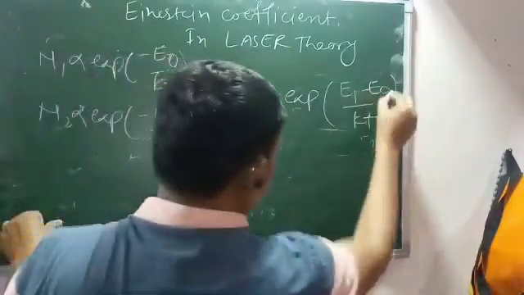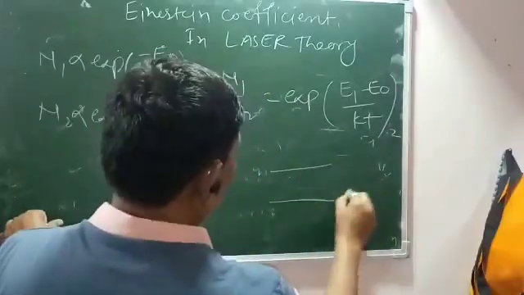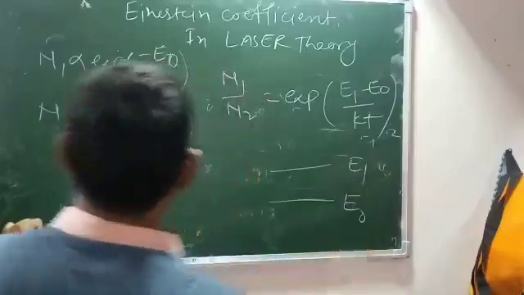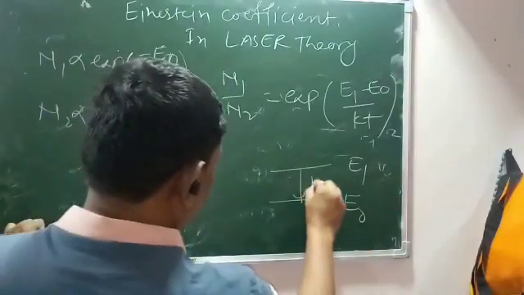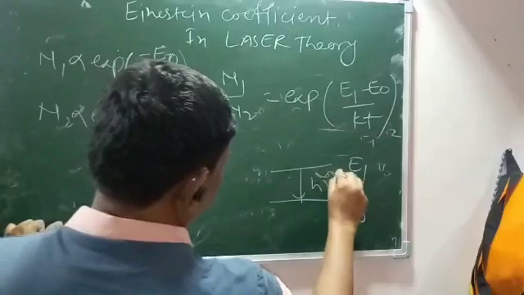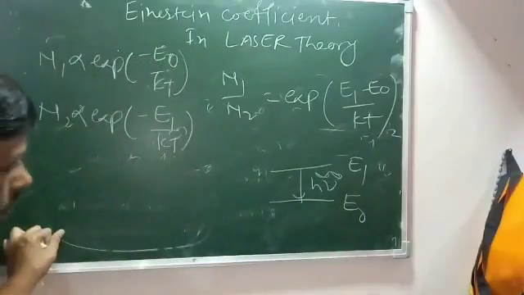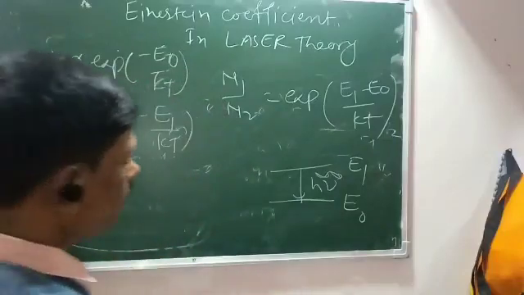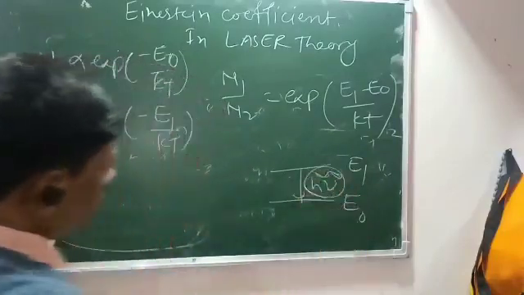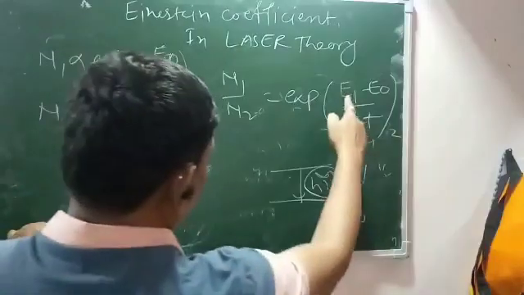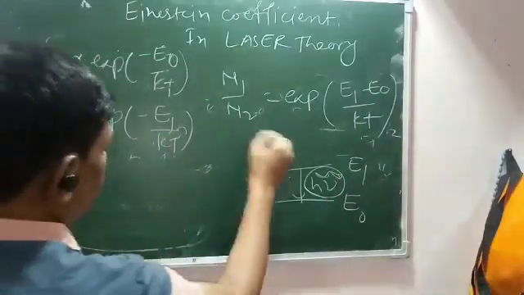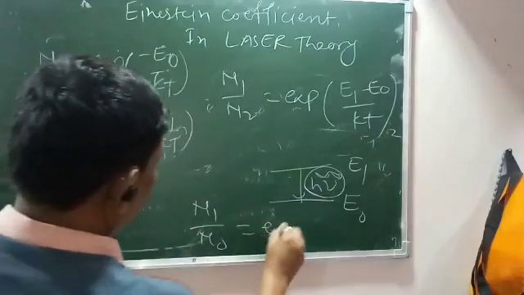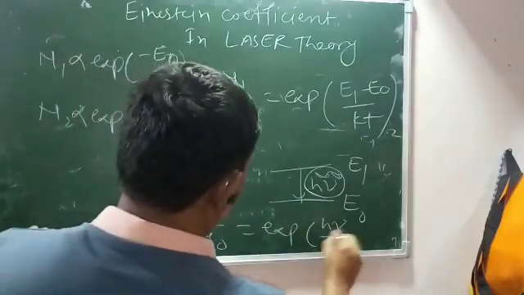But the difference between E1 and E0 is equal to h nu, because when the particles in energy state E1 undergo to E0 by spontaneous or stimulated emission, they emit light of h nu form. So the difference between E1 and E0 is equal to h nu, and we can write N1 by N2 equal to exponential of h nu by kT.